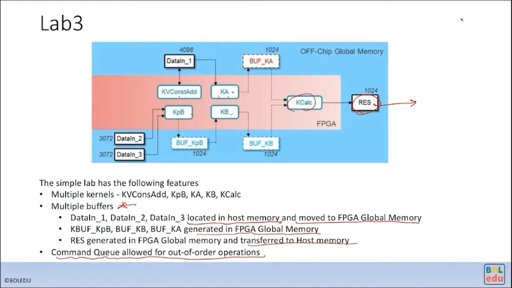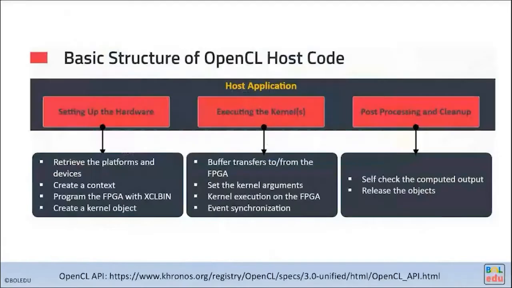For the host code, there are basically three parts. First, you set up the hardware. Next, execute the kernel. After the kernel is done, we do the post processing and clean up. We will go through each step.